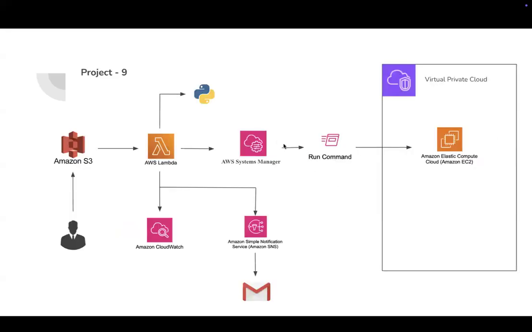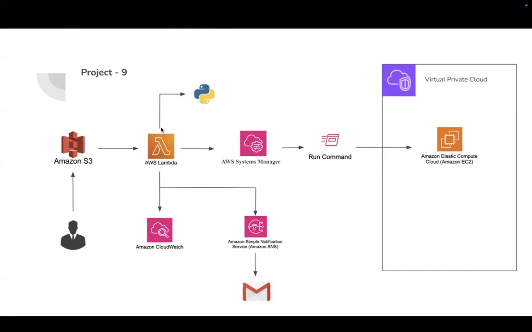The next project deals with the deployment of our application. This is a use case one of our customers uses. As a person, I will be pushing my application code to the S3 bucket. S3 is one of the services. Once I push my application code to the S3 bucket, our Lambda function is going to be triggered.